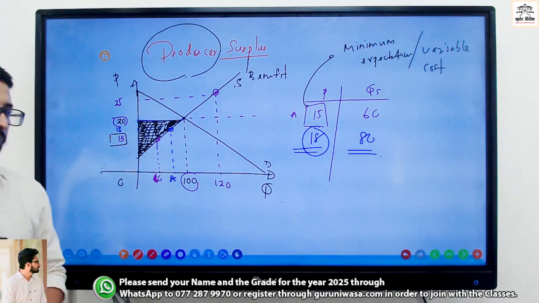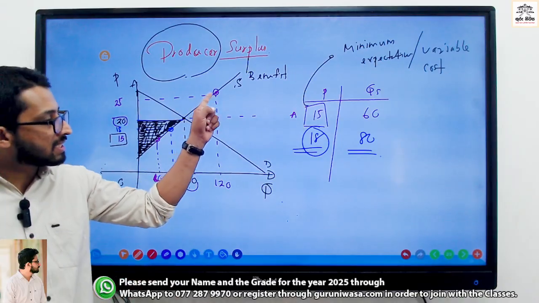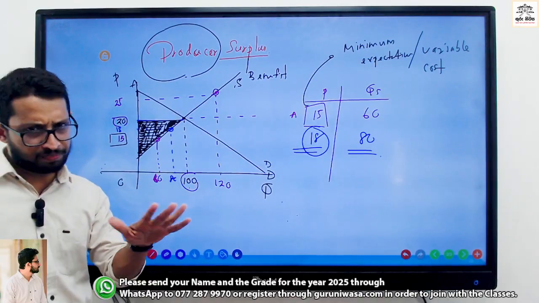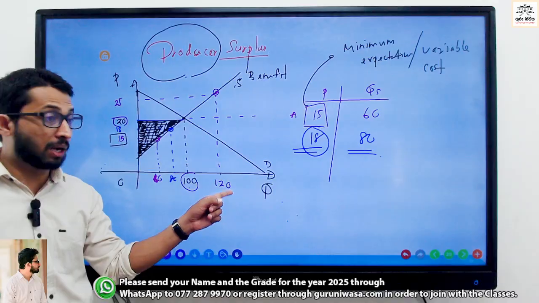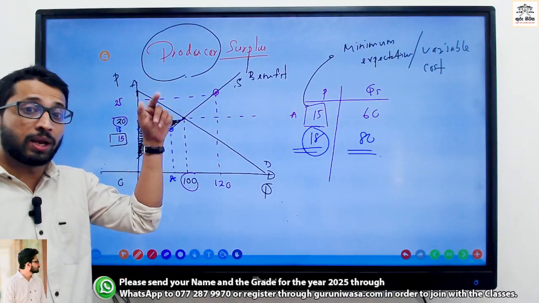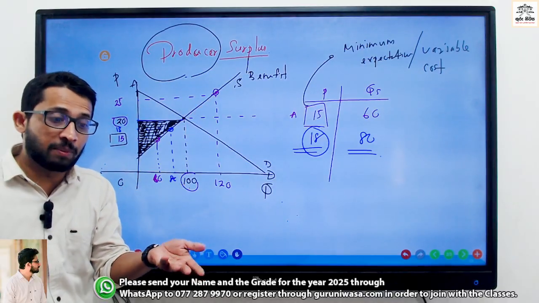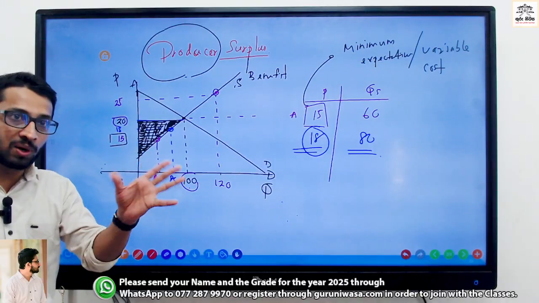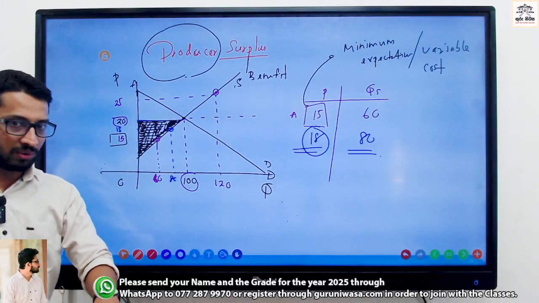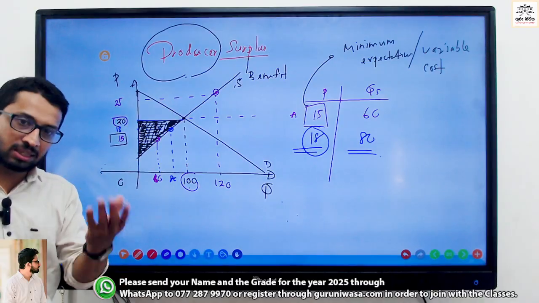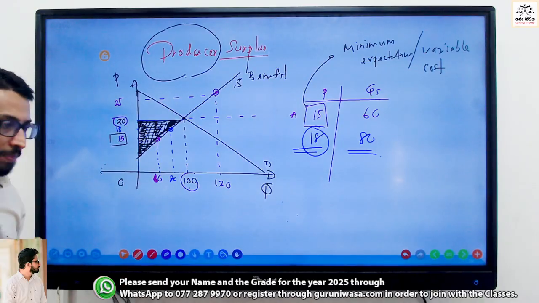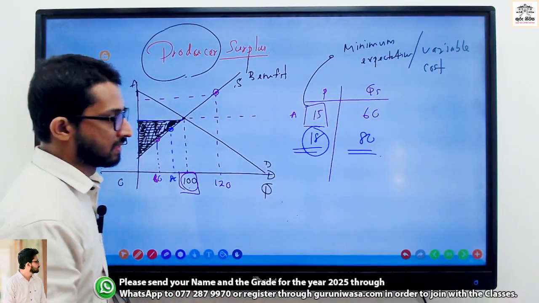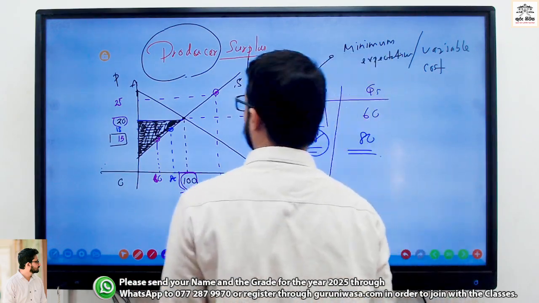What does this point mean? To supply 120 units, the producer is willing to supply, but he expects a minimum of 25. When he goes to the market, the actual price is 20. Then it's not a positive difference, it's a negative difference. Negative differences are not considered when calculating surplus, only up to the equilibrium quantity. Positive differences. Is it clear?